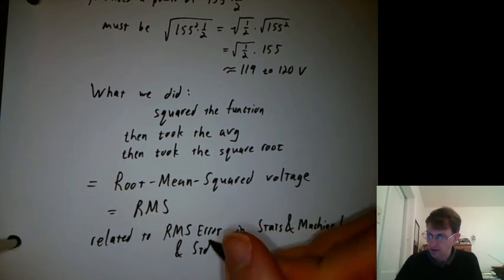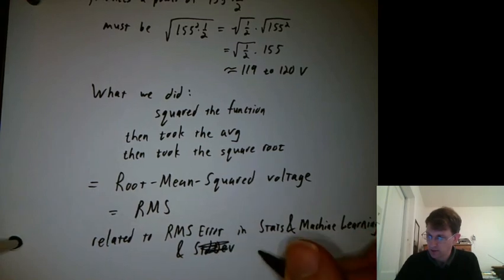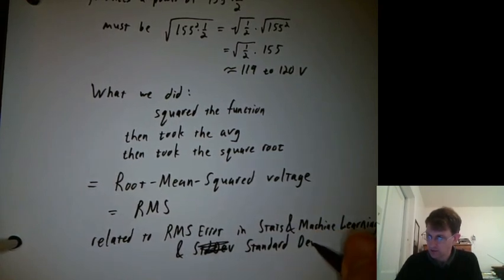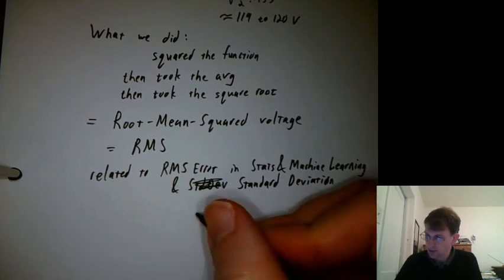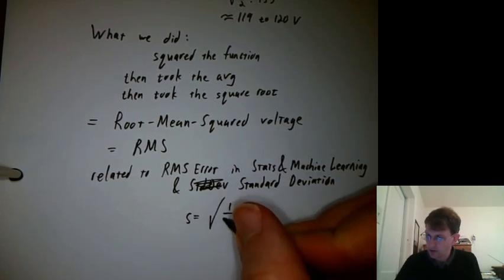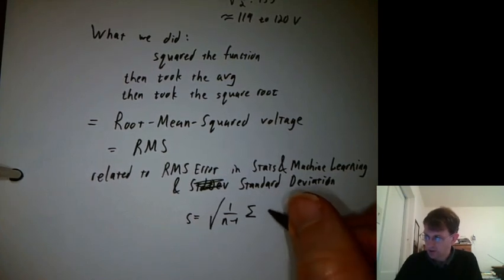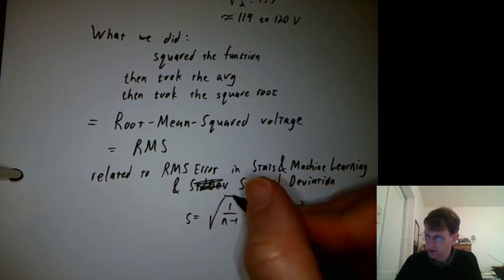And standard deviation, maybe I'll write that all out. It's okay if you've never seen the formula for standard deviation or don't remember it, but let me show it to you anyway. It's the square root of 1 over n, and some people say n minus 1, sum of x_i minus x bar squared.